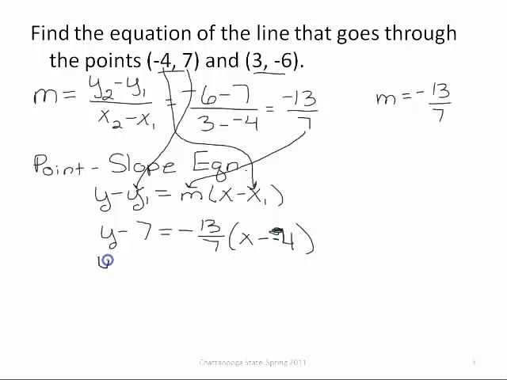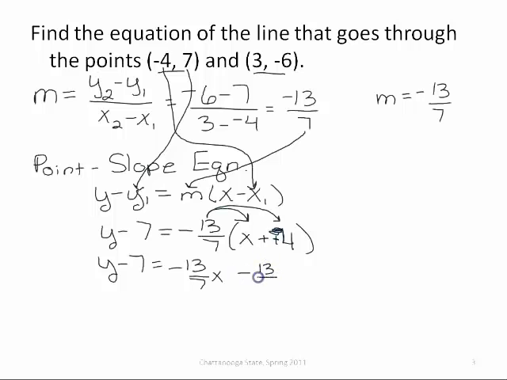Now, in order to simplify this, I need to distribute the -13/7 through the parentheses. So this is -13/7 times x. This will be minus a -4, which makes this plus 4.